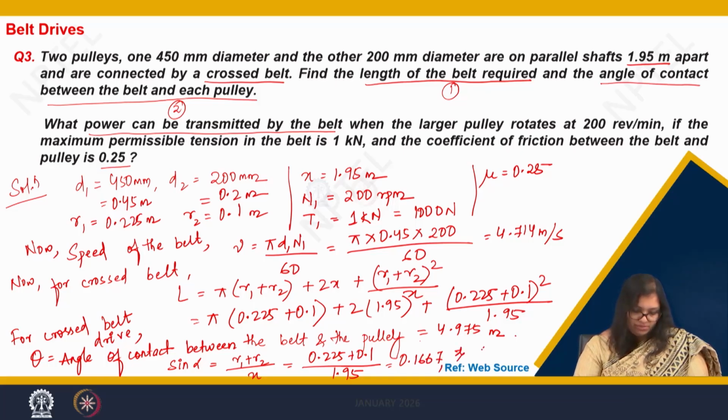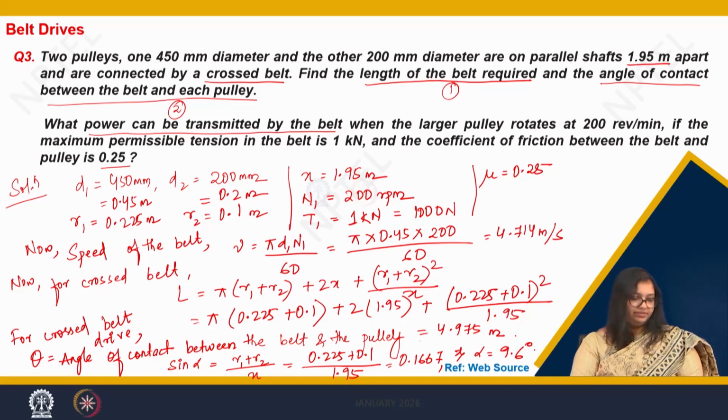So this gives me alpha is equal to 9.6 degrees.